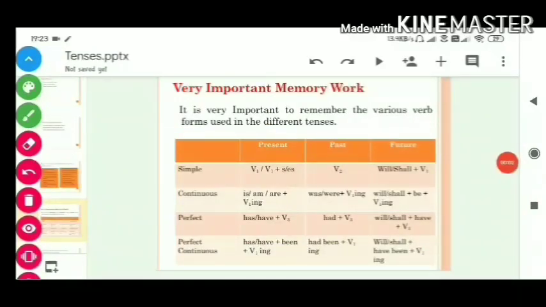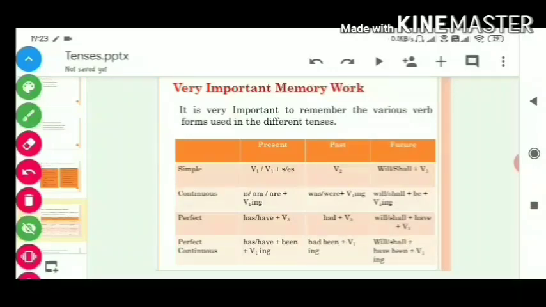It is very important to remember the various verb forms used in the different tenses. Students, here is the chart. I am going to show you how to use this chart to recognize the tense or to learn the tense. See, the three main tenses in English.